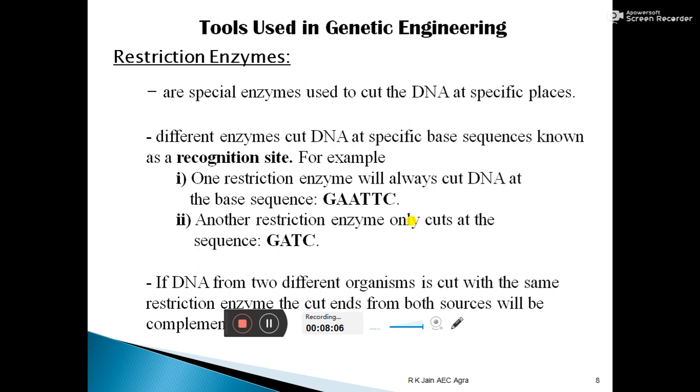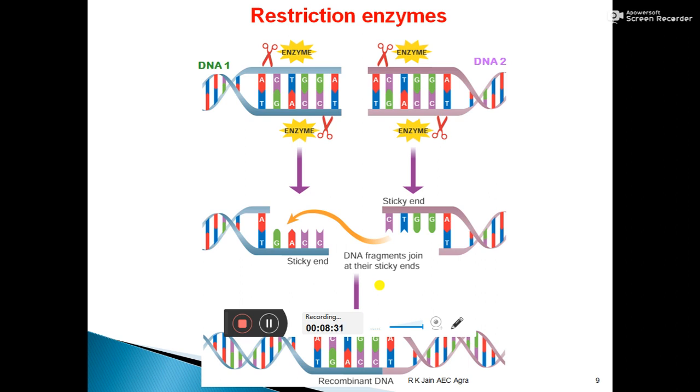Each restriction enzyme has a specific restriction site. For example, one restriction enzyme will always cut DNA at the base sequence GAATTC. Another restriction enzyme may cut the DNA at another sequence, such as GATC. So restriction enzymes cut the host as well as the source DNA at a very specific site.